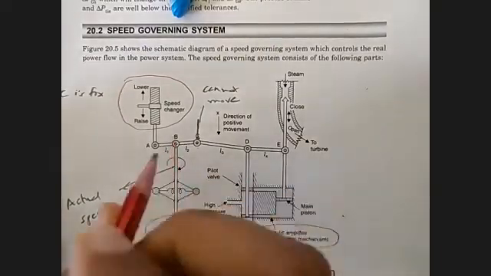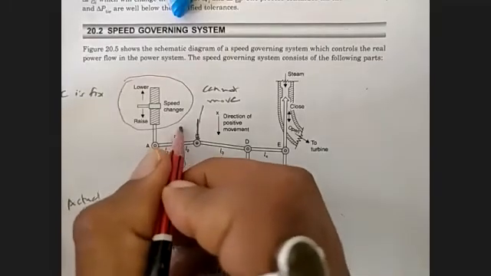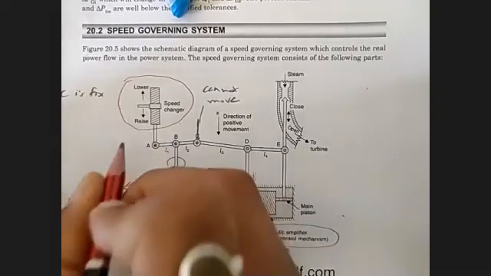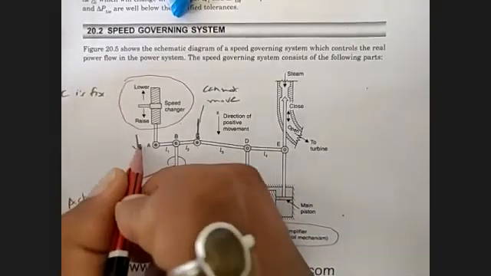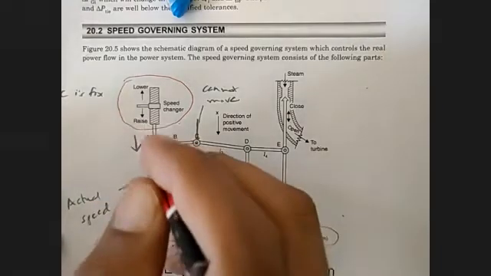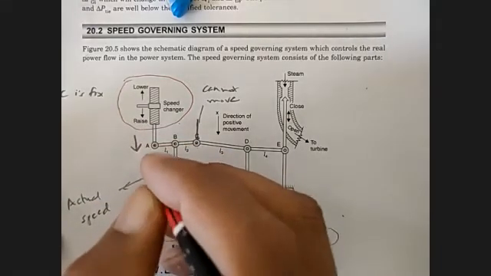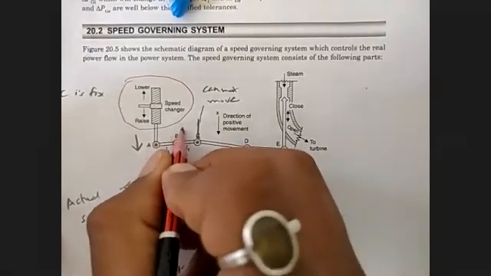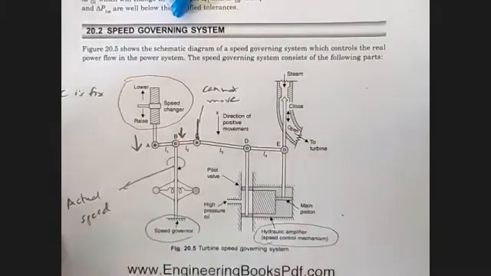So first I am considering that we have set this A point to raise the speed of the generator. That means this A point will be moved downwards. And due to this movement, as B is directly connected, this point will also move downwards.